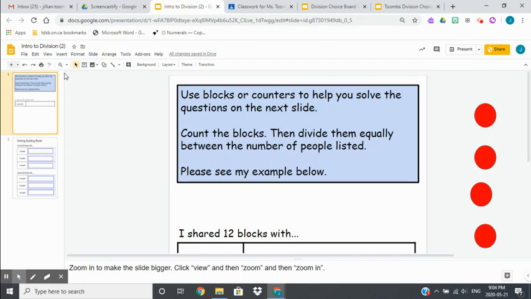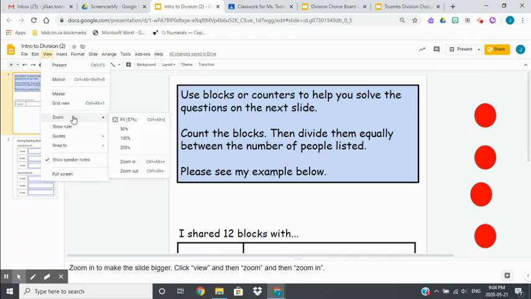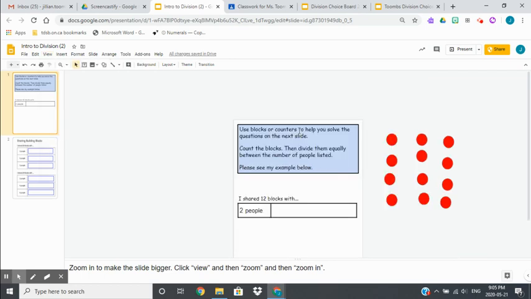Okay, so I actually have to make this a little bit smaller so we can see. Perfect. All right, so in my example, we're starting with 12 blocks. Now I'm using these digital counters on my computer, but I don't want you to use digital counters. I want you to use real counters, okay? It can be Legos or pebbles or beans, whatever.